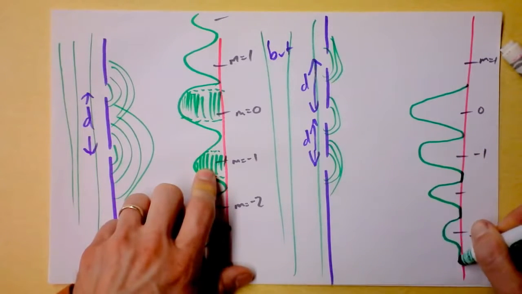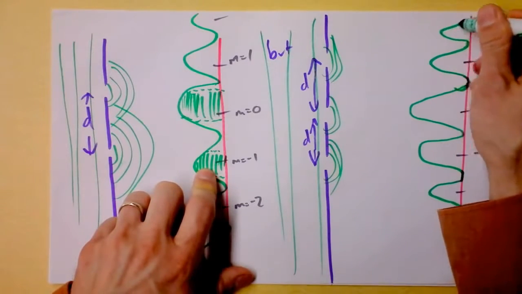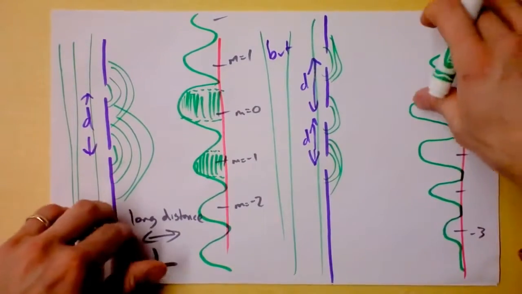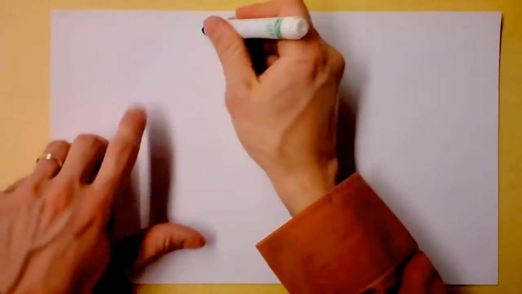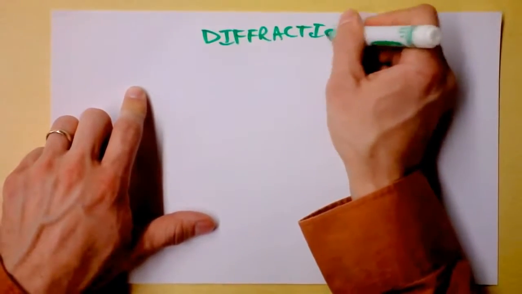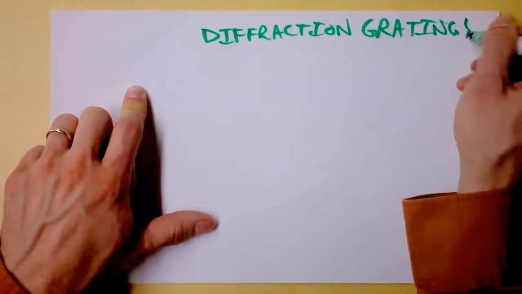In fact, as we get more and more of these, we could have, what do you want? 1,000 slits all in a row? Now you're talking about diffraction gratings. And diffraction gratings are where it is.